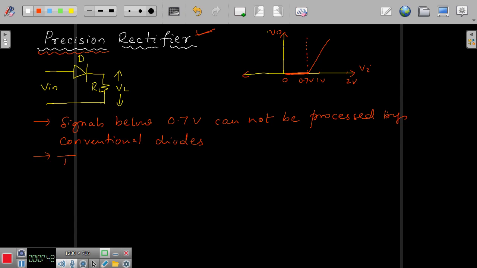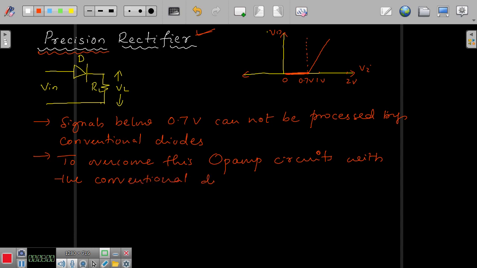To overcome this, op-amp circuits with the conventional diodes are used as precision signal processors. So here I am particularly talking about the precision rectifier, right?